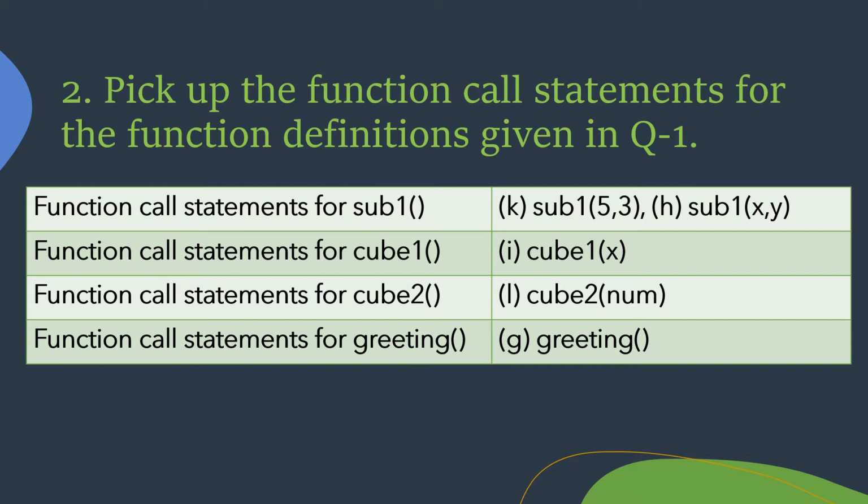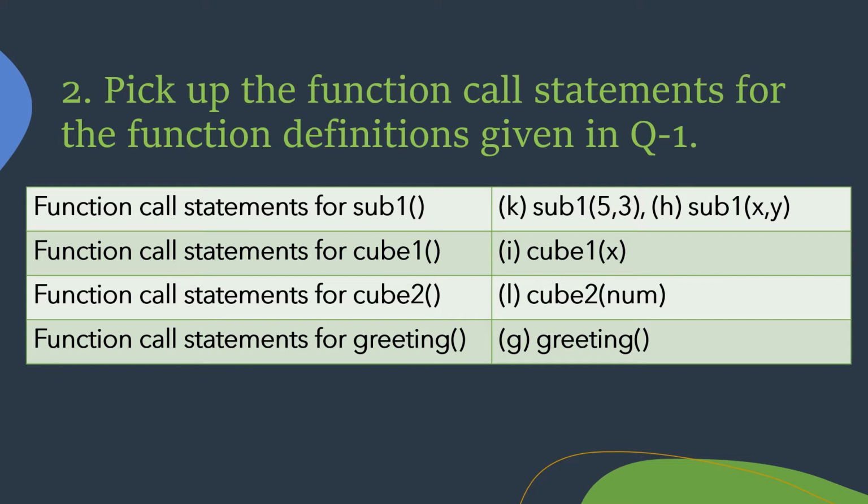The next function is cube1, and the answer can be option I, that is cube1 of x. The cube1 function is accepting one parameter, so this one has one argument x, so we can say that this can be the function call for this particular function cube1.